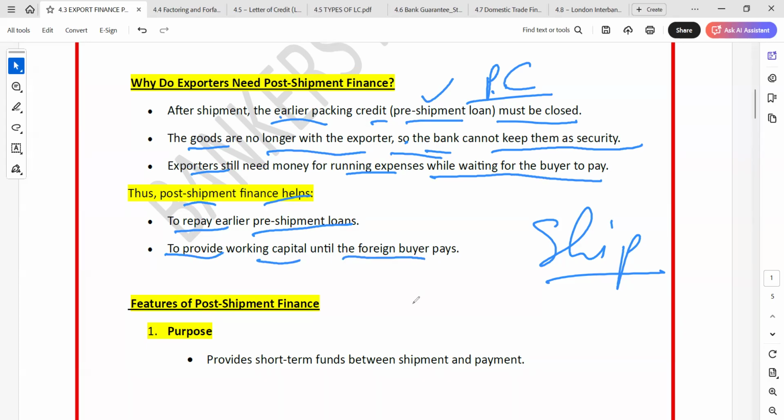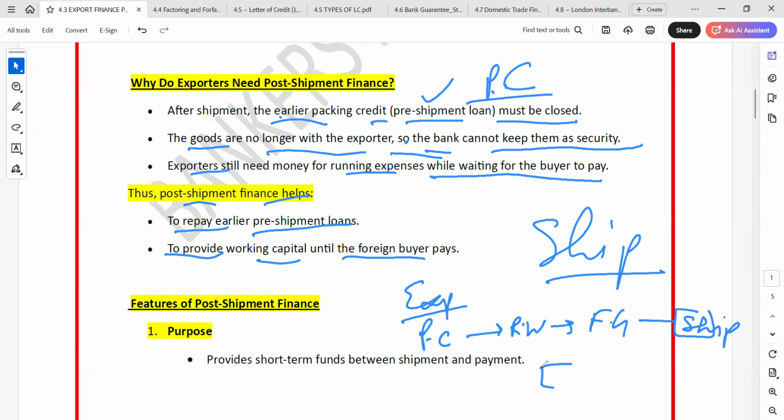Suppose one exporter has taken the PC. He purchased the raw material, and after that he created the finished goods. Once the finished goods are done, he will do the shipment. Then he will approach the bank with the shipping documents, BL and bill of exchange.